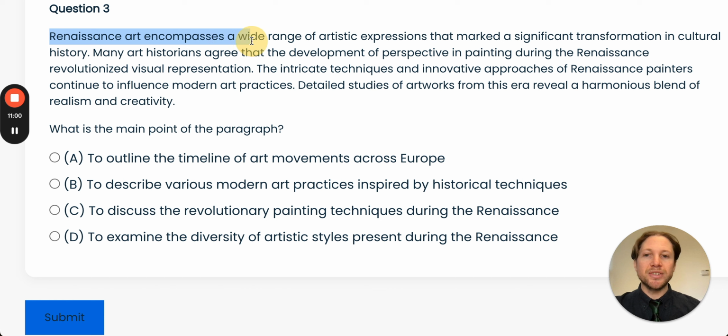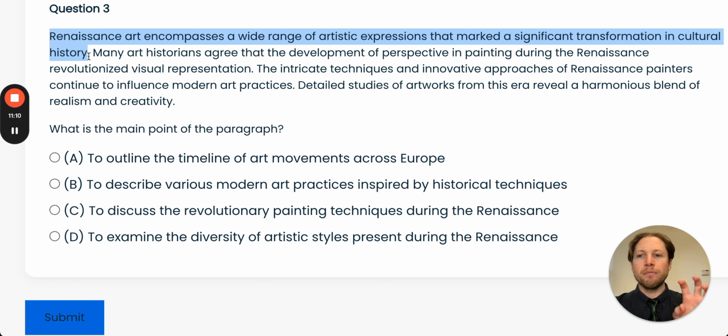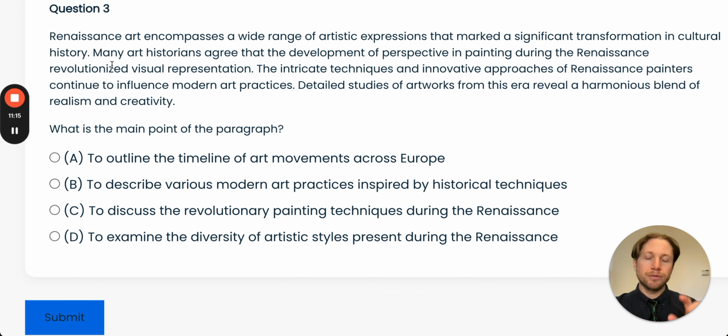Renaissance art encompasses a wide range of artistic expressions that marked a significant transformation in cultural history. It feels too general, too generic for the main message that the author wants to convey to us. So second, I look at the last sentence, which reads, detailed studies of artworks from this era reveal a harmonious blend of realism and creativity.